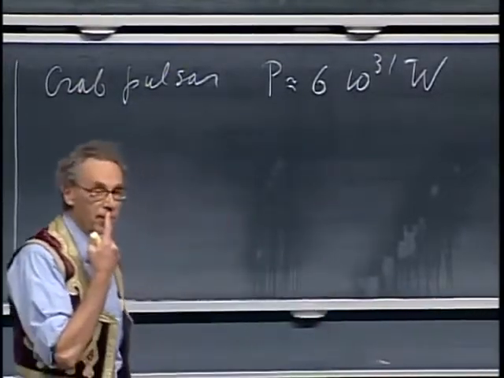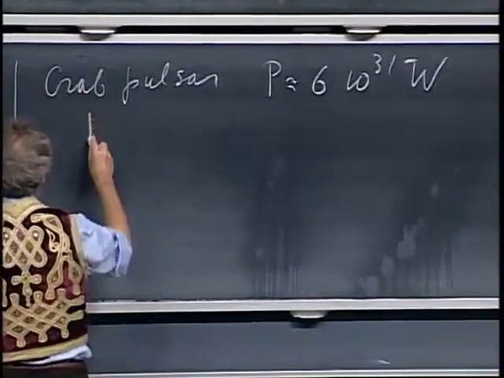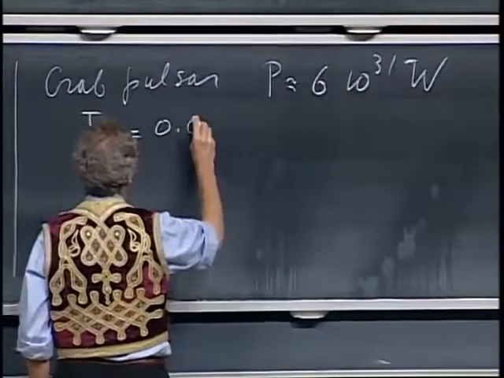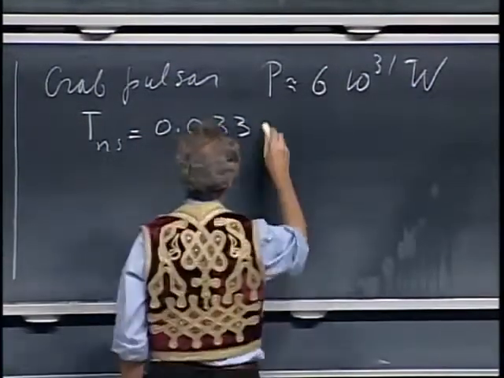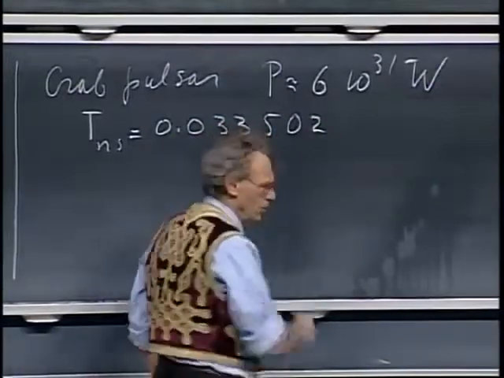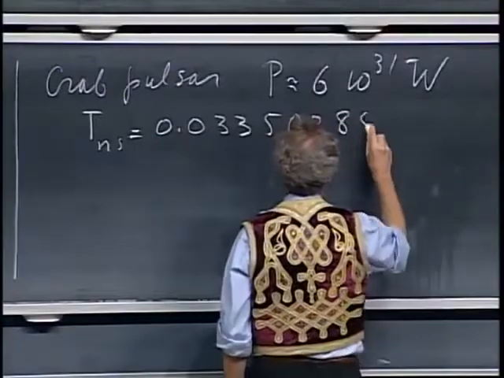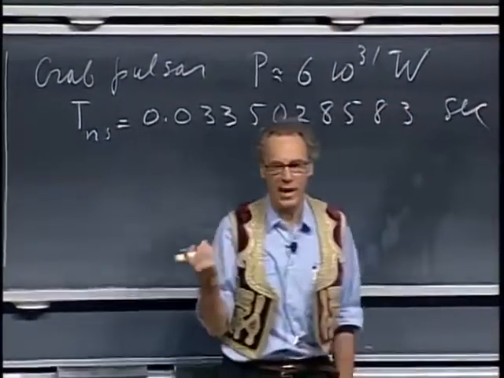We know the period of the pulsar to a very high degree of accuracy. The period of rotation of the neutron star is 0.03502,502,8583 seconds. That's what it is today.